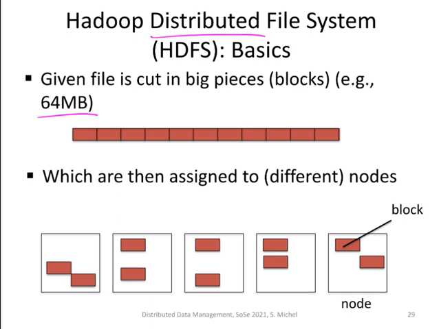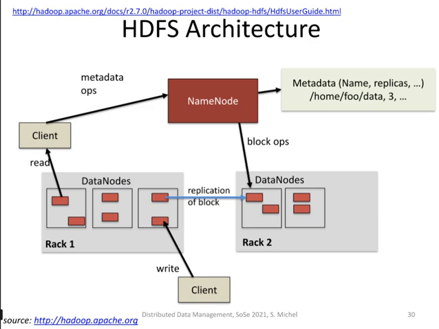So here in the illustration, you have different nodes. And these blocks are assigned to the nodes. This worked in version 2.7. This was implemented like this. So there was one dedicated node that was called name node. And this name node keeps track of meta information, where the file names are located and the replicas of these file blocks.